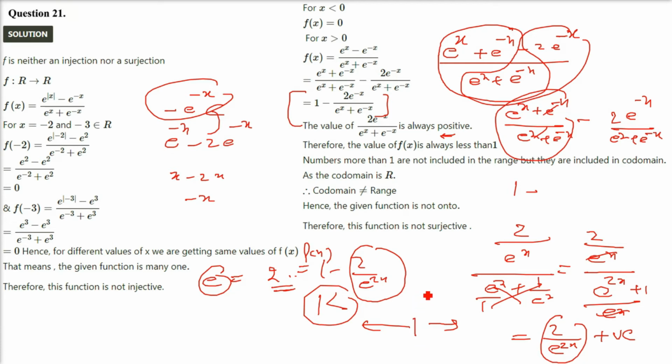So this given function is not onto, because in order to be onto, the codomain and range have to be equal. So this function is not surjective. That means this function is neither injective nor surjective.